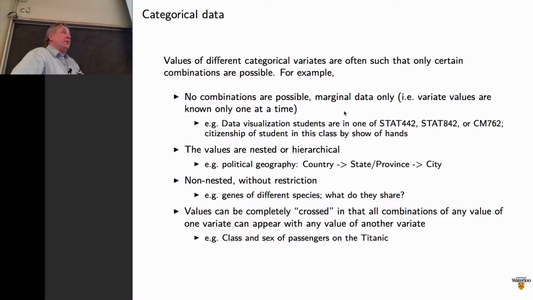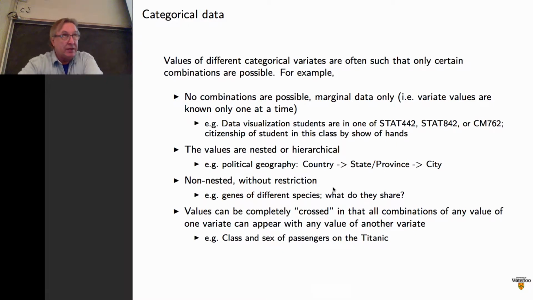So for every gene we know that it's in this species or that species, etc. And what we're interested in is what genes are in common between species, what genes are different between species, etc. So this non-nested data without restriction often comes up in modern data, thinking about just what is there in the data set, what is the distribution of these genes. The genes are the counts, effectively.